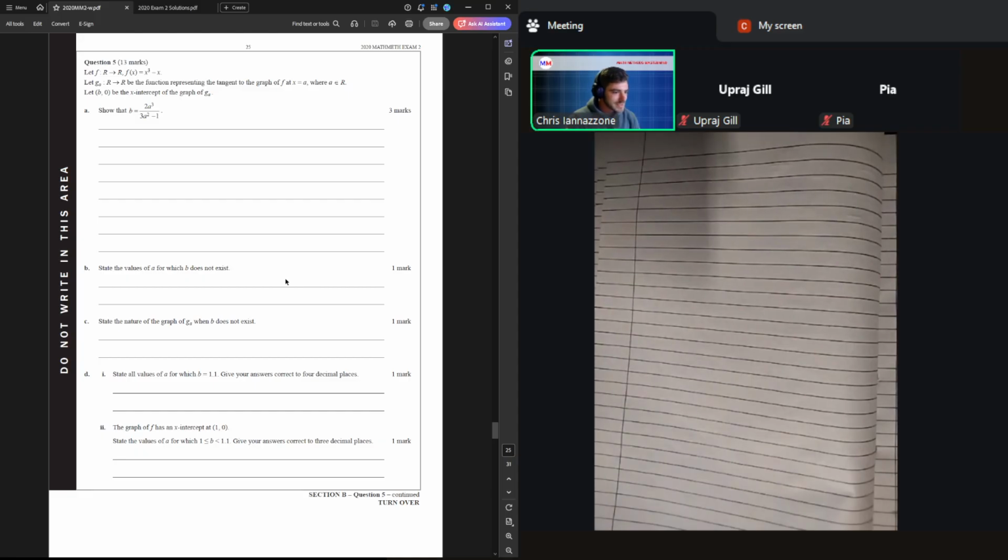The graph of f has an x-intercept at (1, 0). State the values of a for which b is between 1 and 1.1, taking special note of the type of inequalities that you have there.